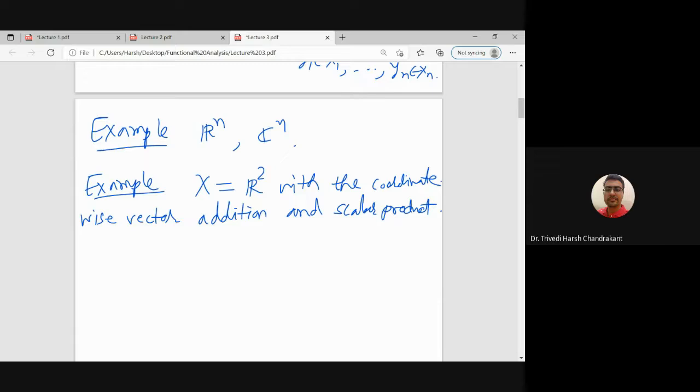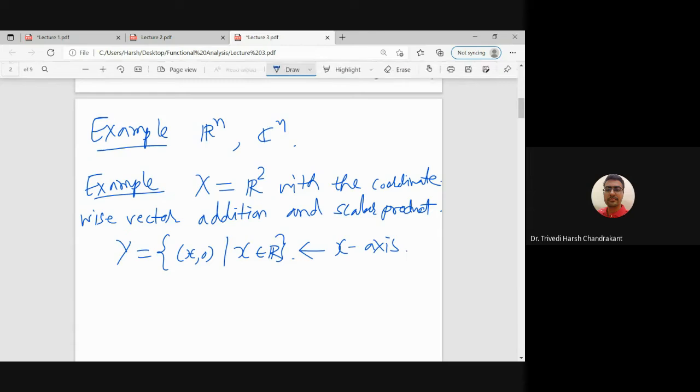Right? And now we consider a subspace of this. So the subspace is defined as (x, 0), where x is a real number. So this is basically the x-axis, right?